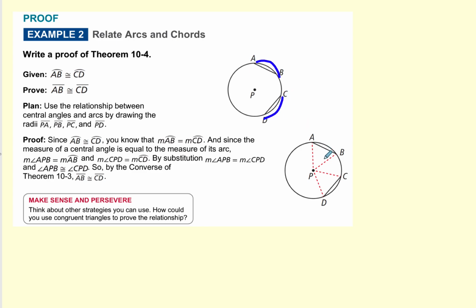And if we go ahead and draw these radii, it's going to create some triangles. And if these arcs are congruent, remember the theorem we just proved, these angles are congruent. And once these angles are congruent, we can get the triangles. Once these arcs are congruent, then we know the chords are congruent by the theorem we just talked about.